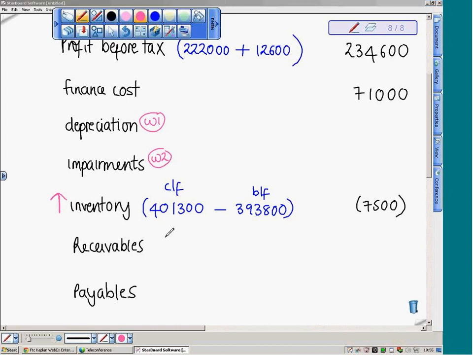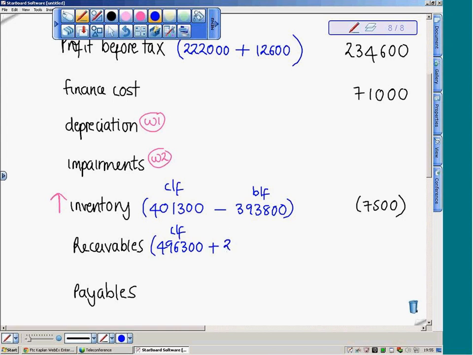Okay, receivables, I'm going to do a similar thing. However, I notice from note 5 that there are some receivables in the subsidiary that we disposed of. So, going back to the timeline that I drew out earlier before we did this question, if you have a subsidiary that's disposed of during the year, you think about adding the subsidiary's numbers to the carry forward or deducting it from the brought forward. I think about adding the subsidiary's number to the carry forward. Okay, so carry forward receivables from the FP, 496,300.